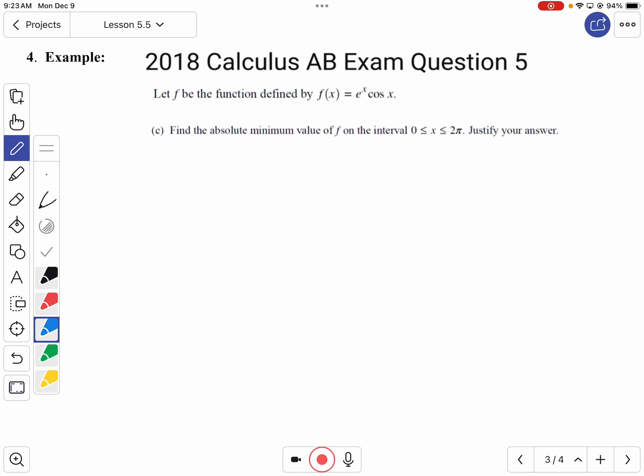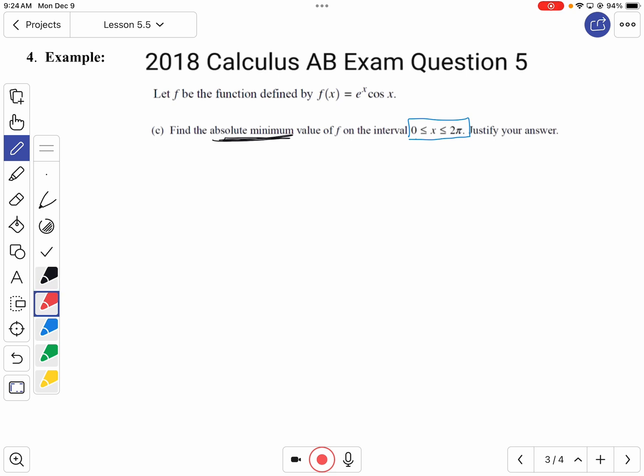The nice thing is the candidates test chart is justification. The sign chart is not, but the candidates test chart is. Notice they gave me a closed interval. That's one hint that we want to use the candidates test. And they said absolute, which is another hint.